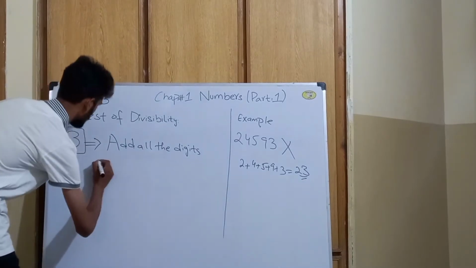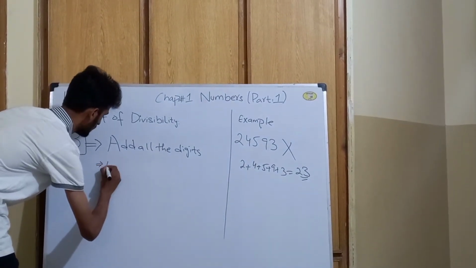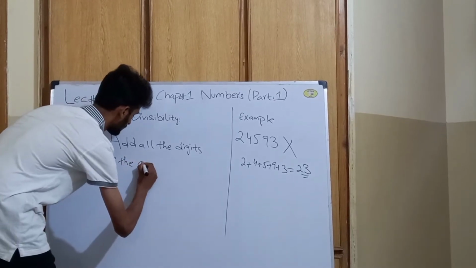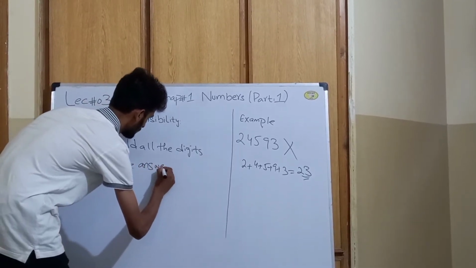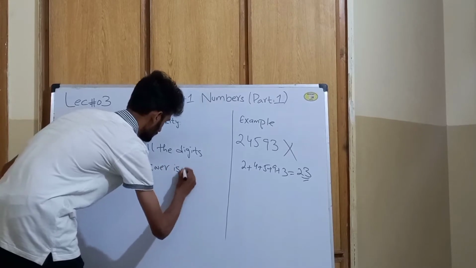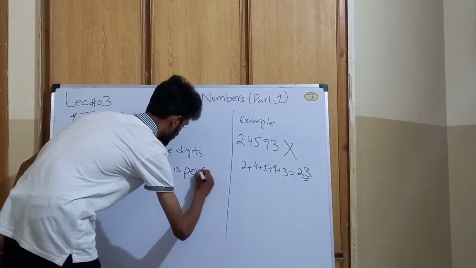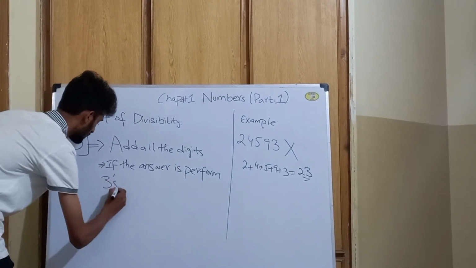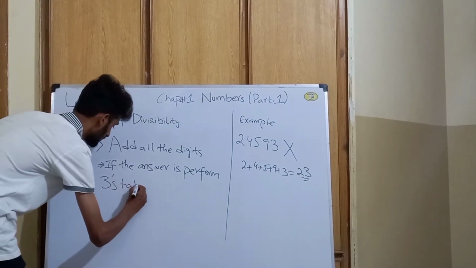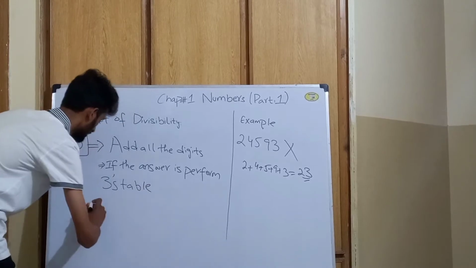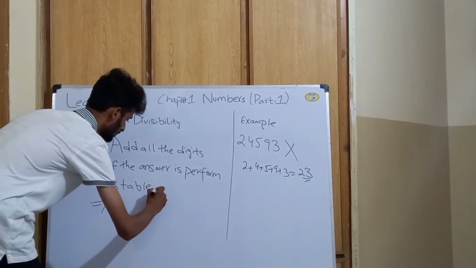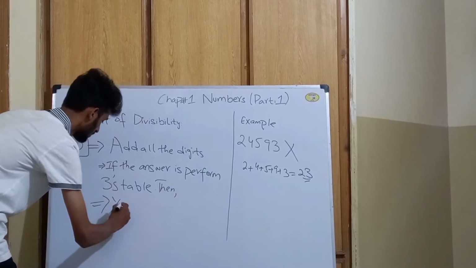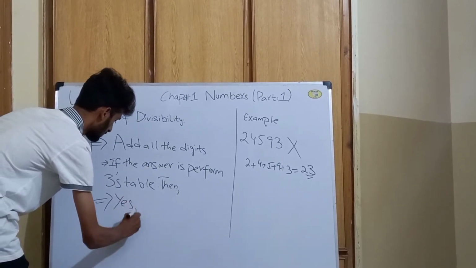Now we write the next rule: if the answer is from the 3 table, then yes, the number is divisible.